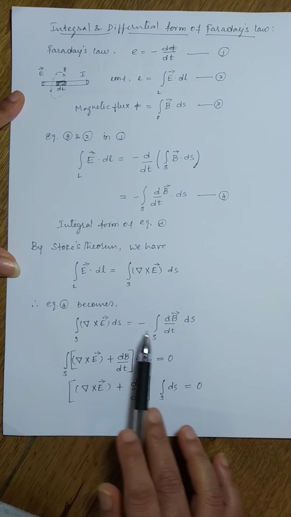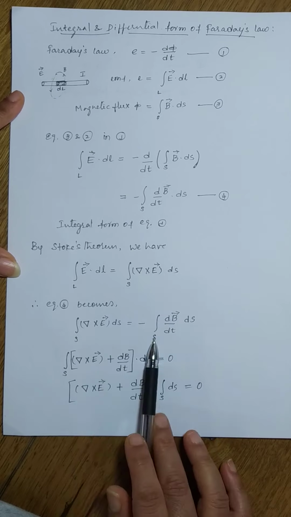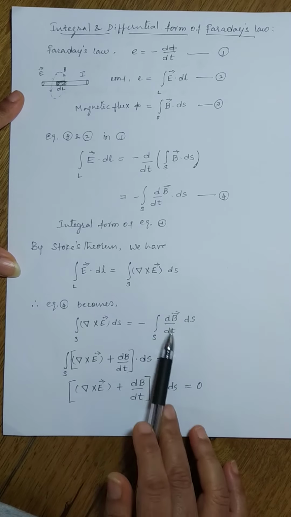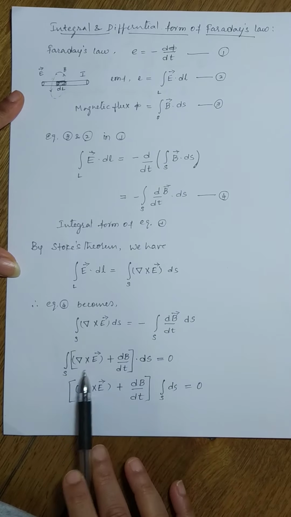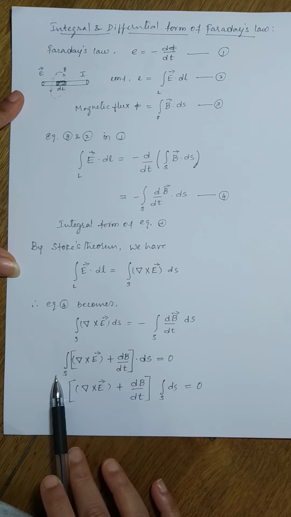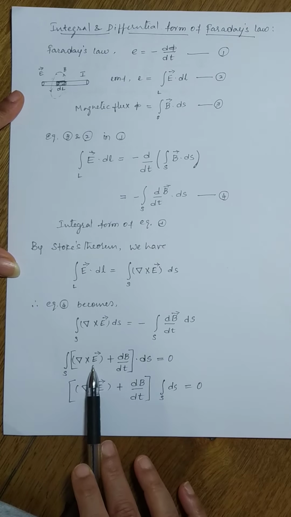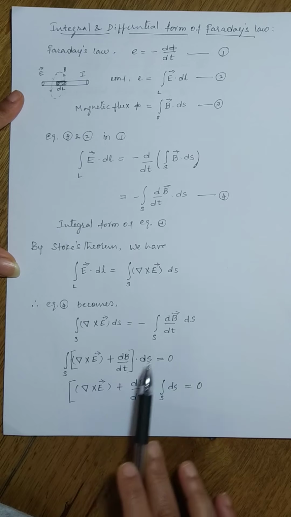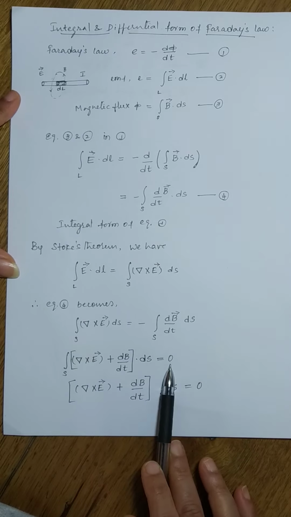Now both on the left hand side and right hand side we have surface integrals, so I have taken everything to one side. The surface integral is taken common outside, that is, curl of vector E plus dB/dt over an elementary surface area ds is equal to 0.